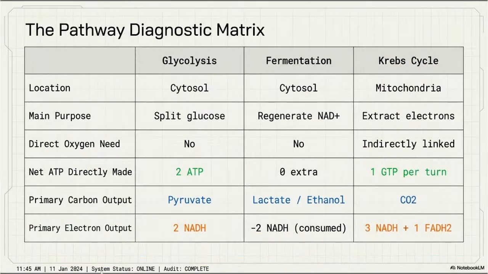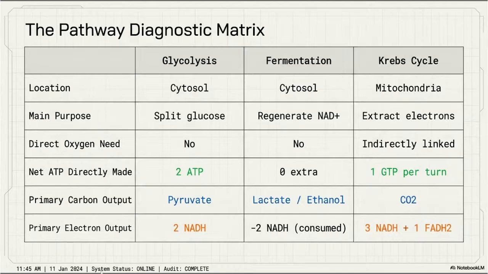And if you now look at this table very well, this is a comparative table that compares glycolysis, fermentation, and Krebs cycle. I told you in terms of location, glycolysis is located in the cytosol, and the fermentation is also located in the cytosol, and Krebs cycle in the mitochondria. And what is their main purpose?